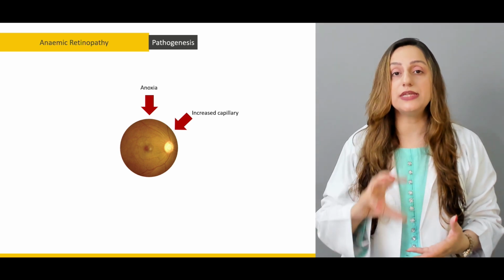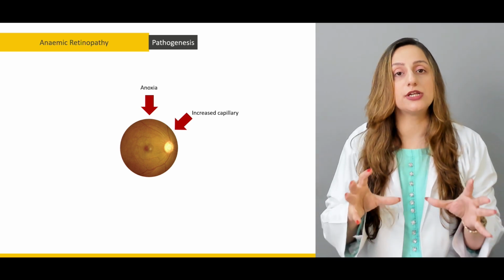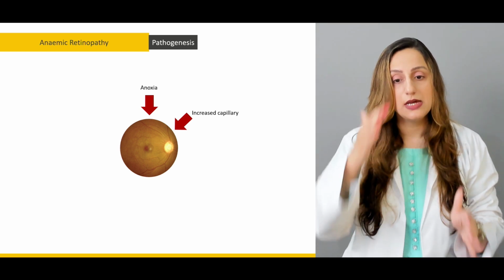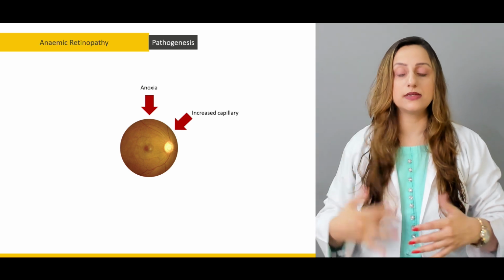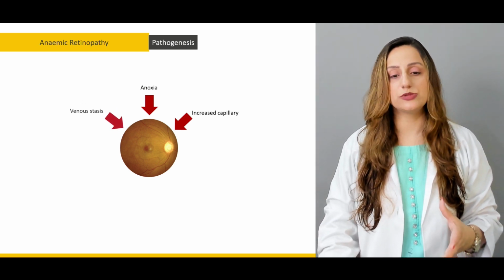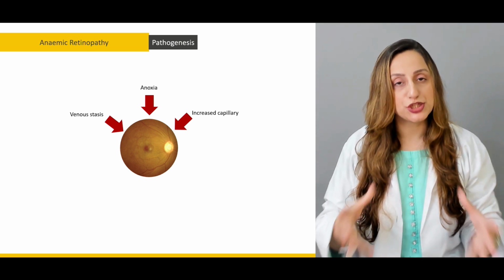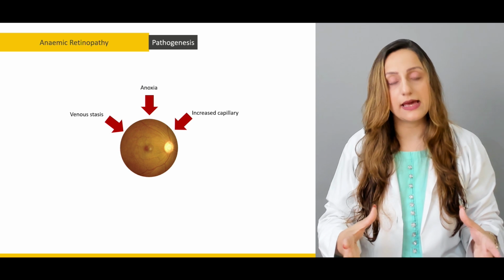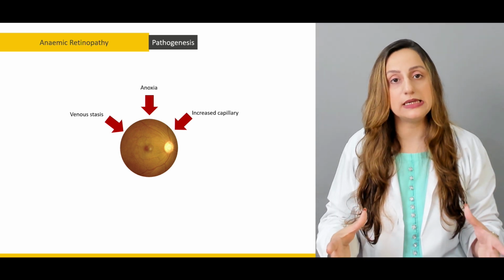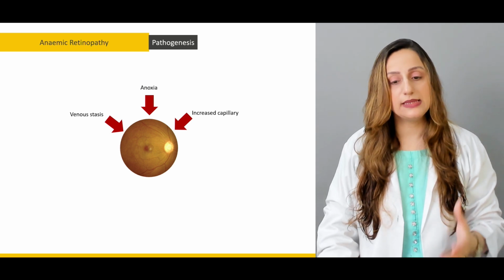Anoxia is the decreased oxygen that is being flowed to a particular tissue of the retina. So this is going to be sensed, and there is going to be an increased capillary permeability in these individuals.